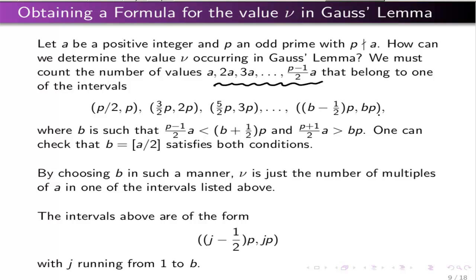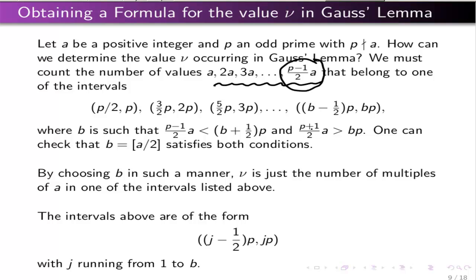And how far do you have to go? Well, you have to go up until you account for this biggest multiple right here. And that means you have to let b satisfy this, that ((p-1)/2)a should be less than (b+1/2)p. So I don't want to include the next one.